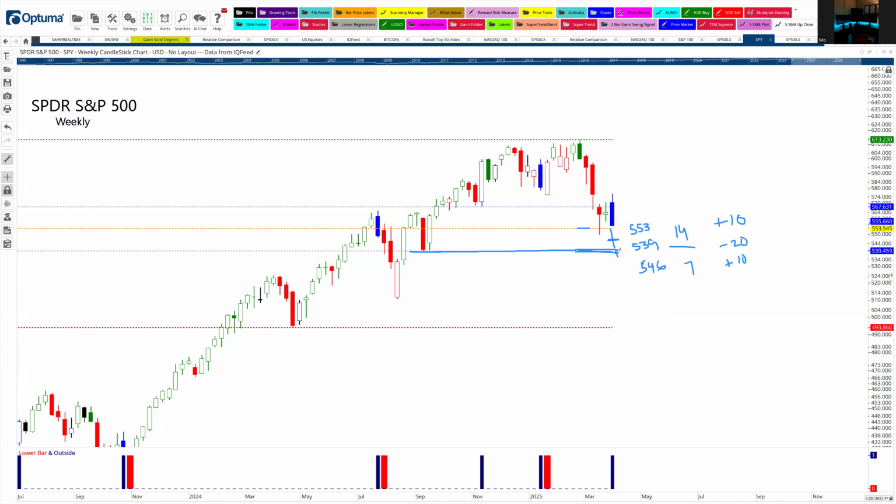They do 1 month butterflies, hold them for about 17 days, and close them. The average hold time on a butterfly is 17 days. In those 17 days they're looking to make a 10% return, and they just make another one and keep going like this. They call it an income fly.